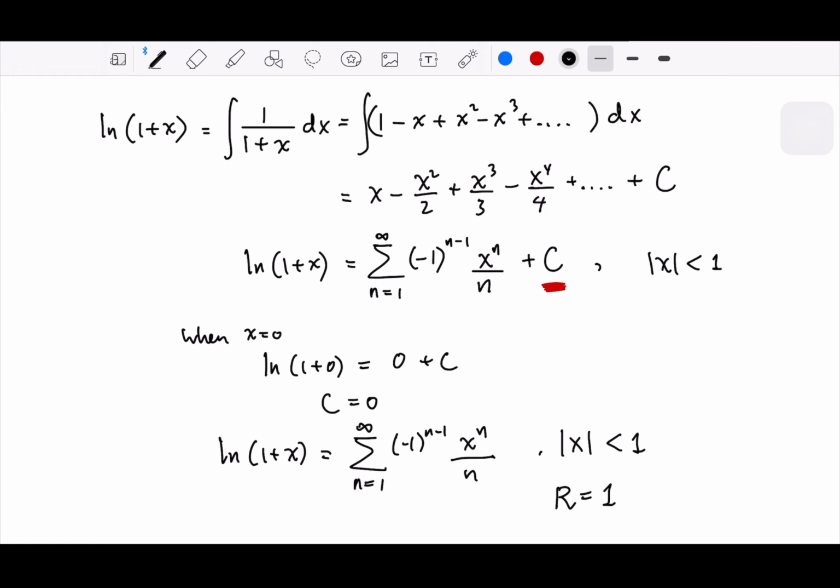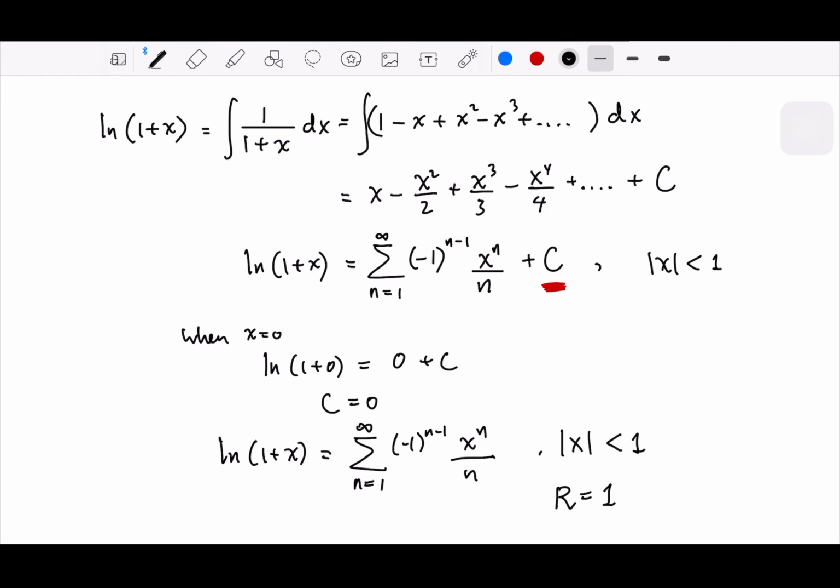Okay. So what I expect from this representation is that if you have any functions that can be manipulated into 1 over 1 minus x, that means we can represent those functions as a series. Like the ln, or the previous one we derived. And maybe other functions as well.